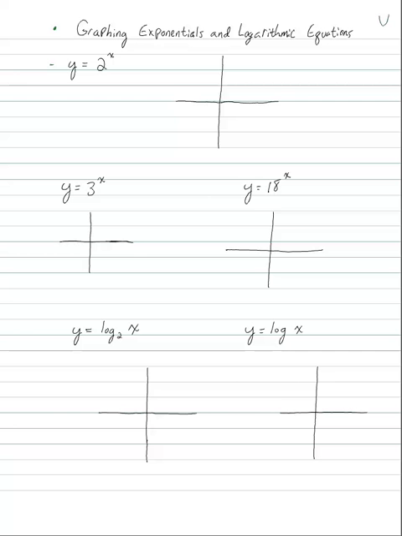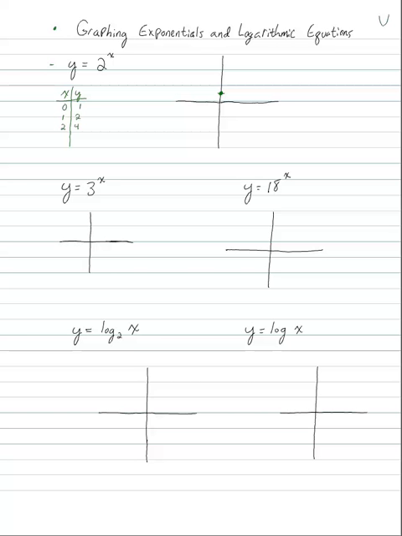So we'll start with y equals 2 to the x, and we're just going to go ahead and set up a little bit of a chart, get some ideas of some of the points, and let's just start with the 0. If I put 0 in for x, 2 to the 0 is 1, so I have 1 point already. 0, 1. If I put in 1, 2 to the 1 is 2. If I put in 2, 2 squared is 4.